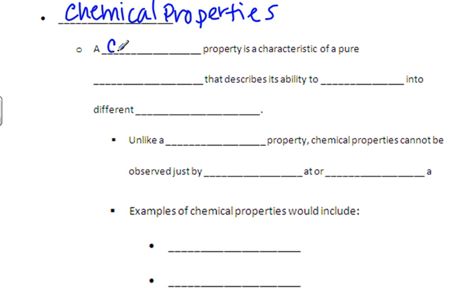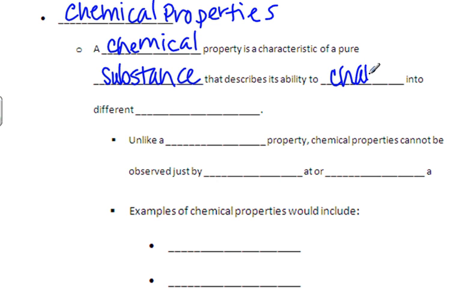Okay, a chemical property is a characteristic of a pure substance that describes its ability to change into different substances.